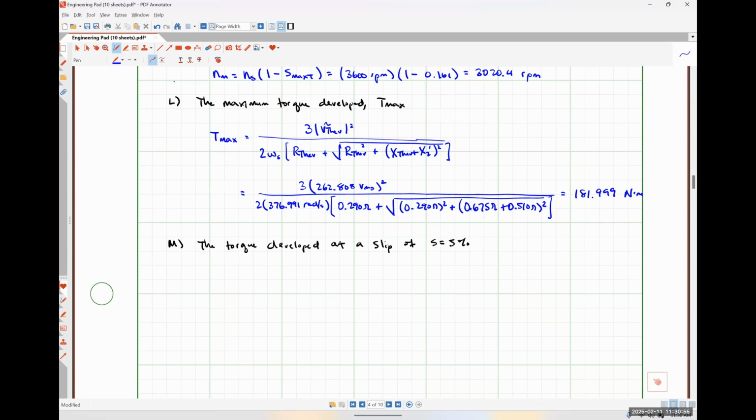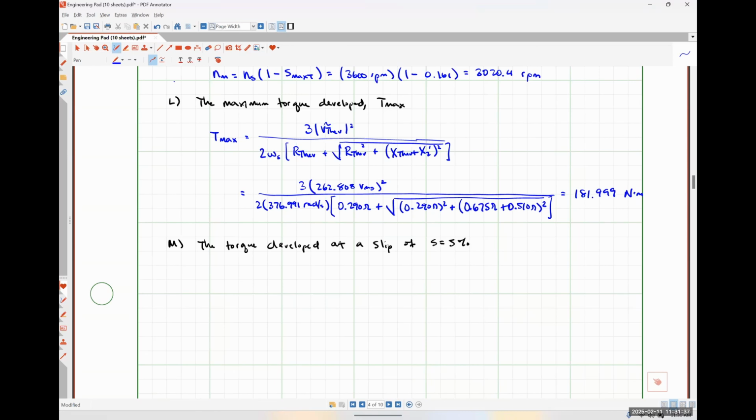Let's see. So 3 times 262.808 squared. Down here, I have 2 times 376.991, times 0.290 plus the square root of 0.290 squared plus... I'm worried about my calculator giving a math error.